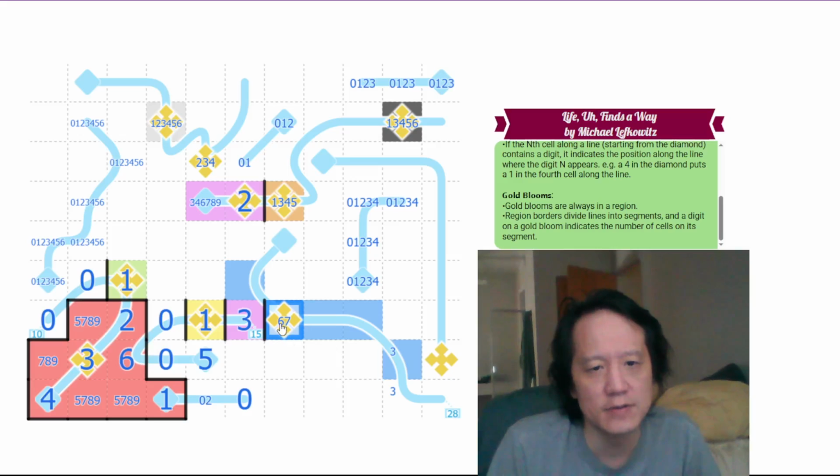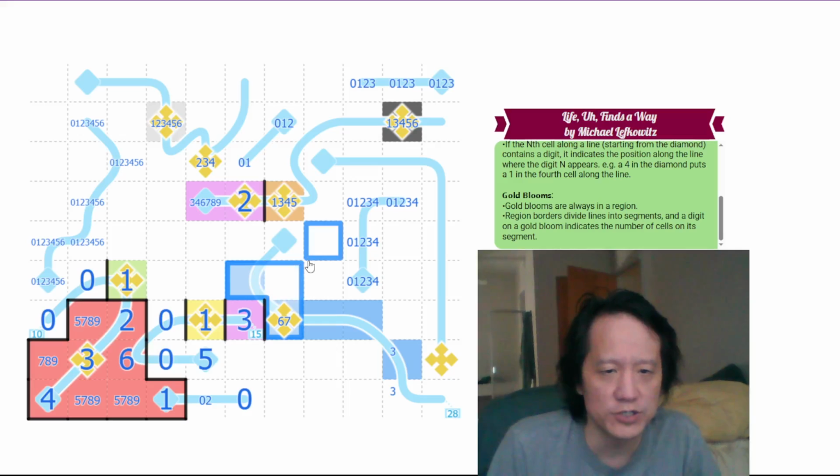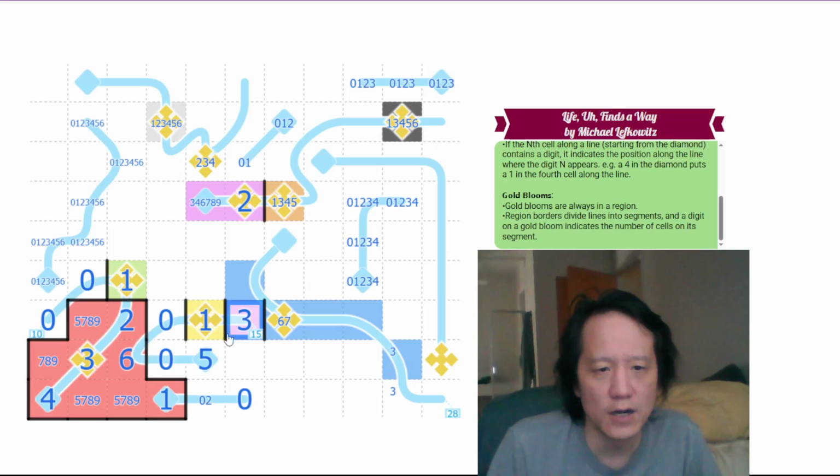If it's 7, then this is 1, 2, 3, 4, 5, 6, 7 in the region, and 3 would have to be in the 7th cell too, but then it would be part of that region. So this is definitely not part of that region. This is probably then the pink, and then this is probably the yellow.